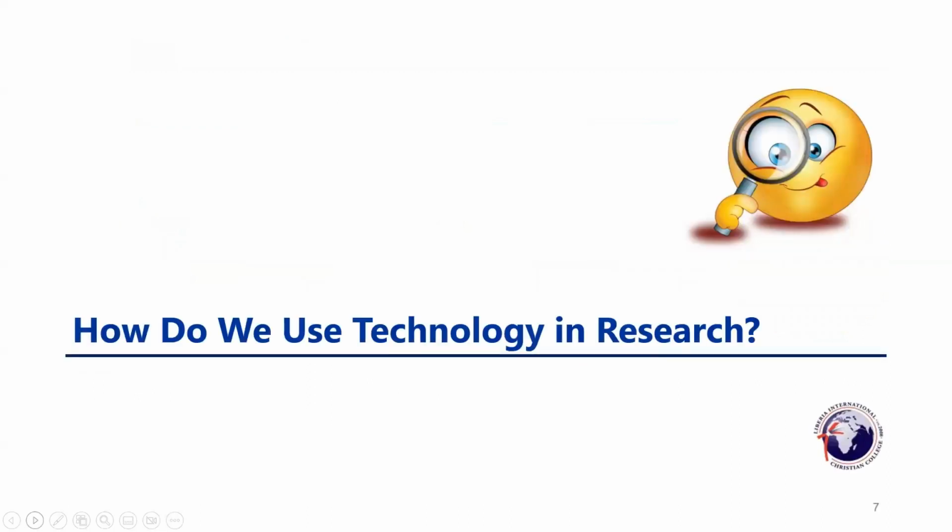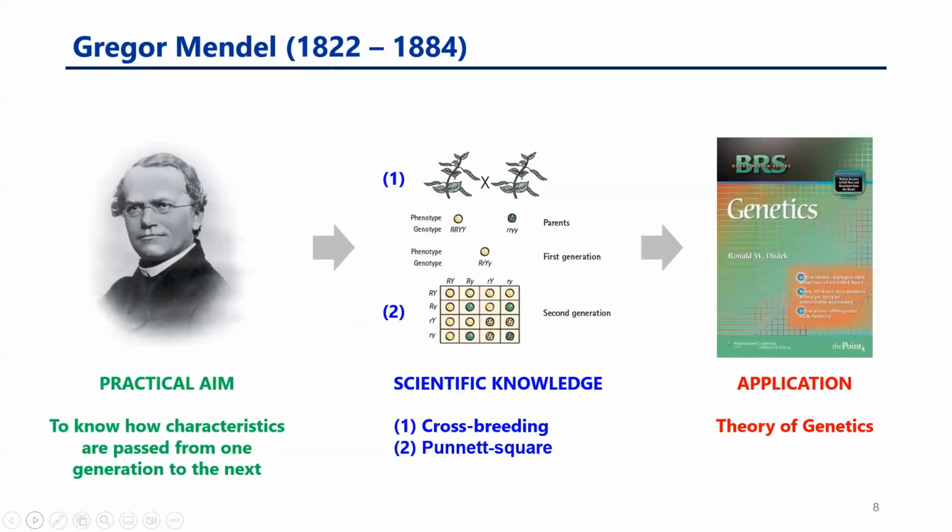So how do we use technology in research? Let's look at another example. Gregor Mendel was a botanist who lived in the 19th century. He had the practical aim of wanting to know how characteristics are passed from one generation to the next. He used two kinds of scientific knowledge that was already around.